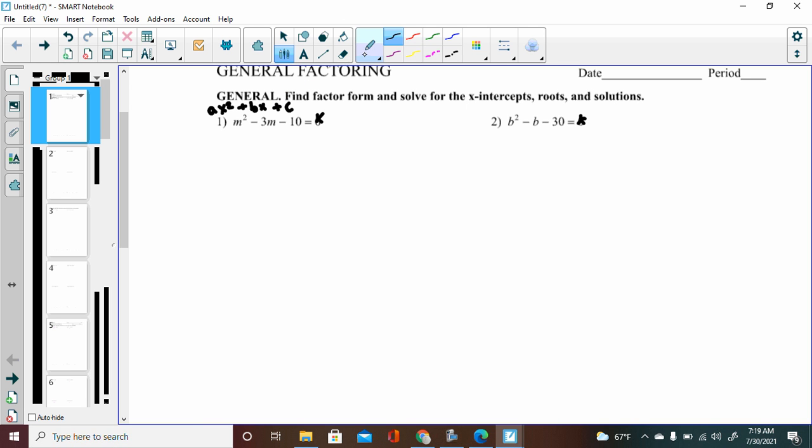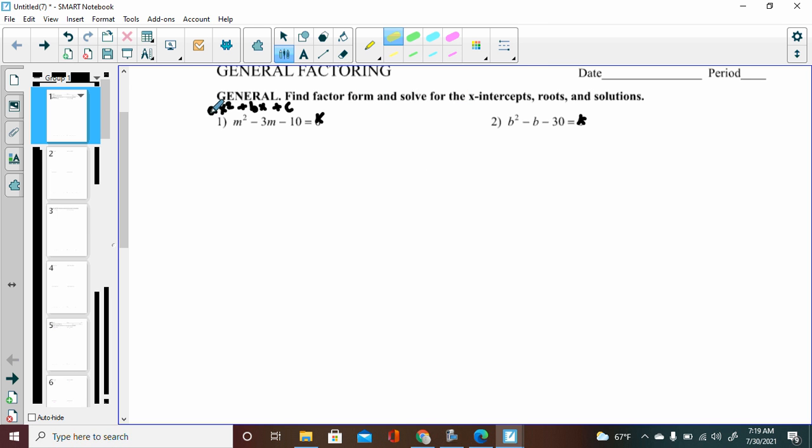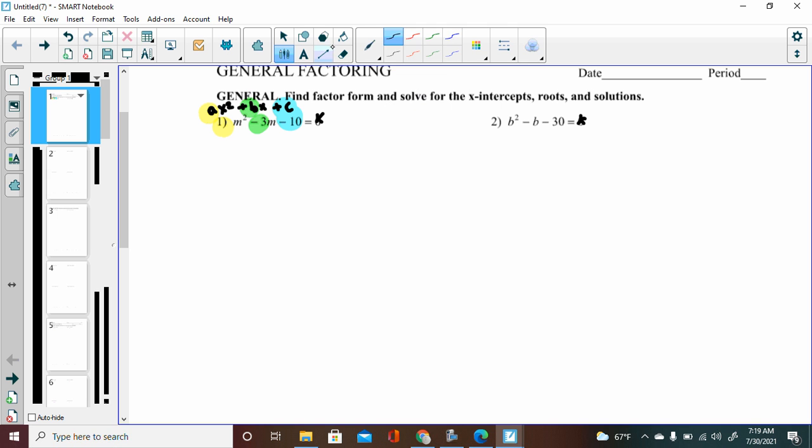And what we're looking for are the numbers that match up to this a term, the one in front of the x squared term, this b term, the one in front of the x term, and the c, which is always a constant, all right? And what we're going to do is create this table.